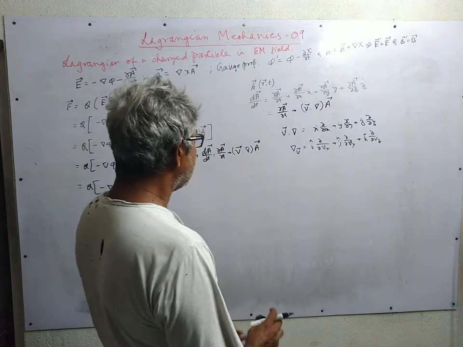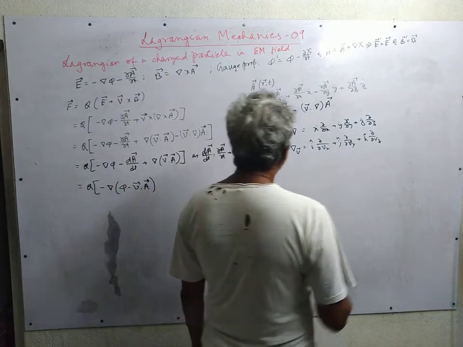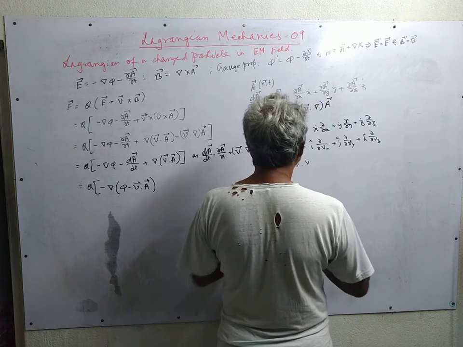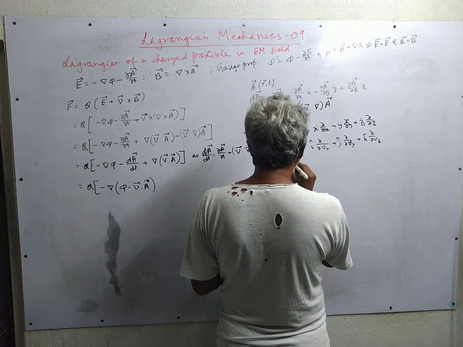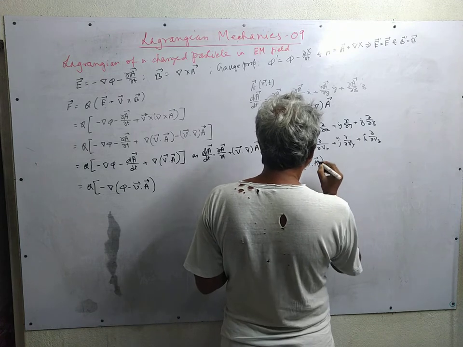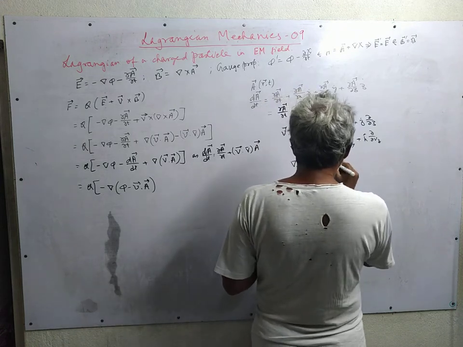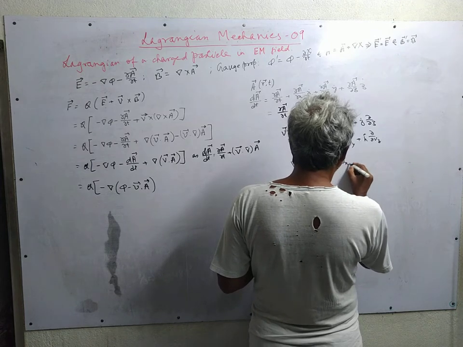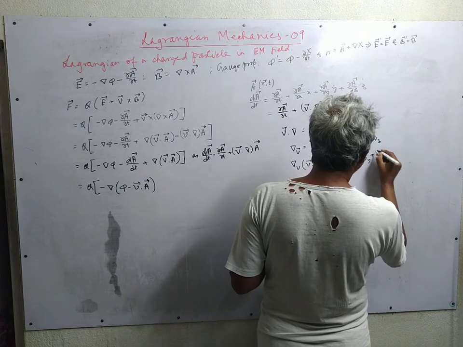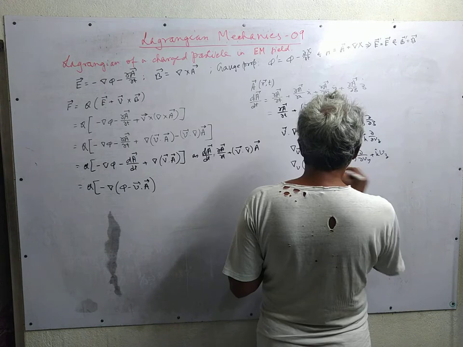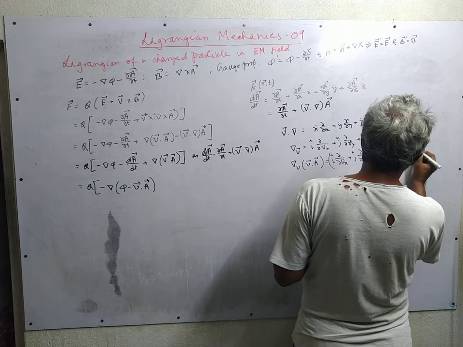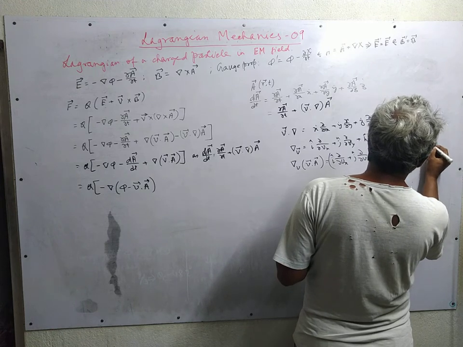If we define this, then we consider this gradient operator operating on v dot A. So this is i cap ∂/∂vx plus j cap ∂/∂vy plus k cap ∂/∂vz, and it operates on vx Ax plus vy Ay plus vz Az.